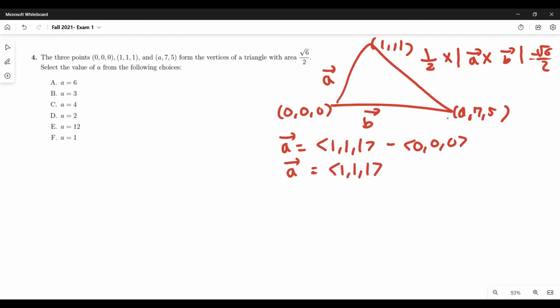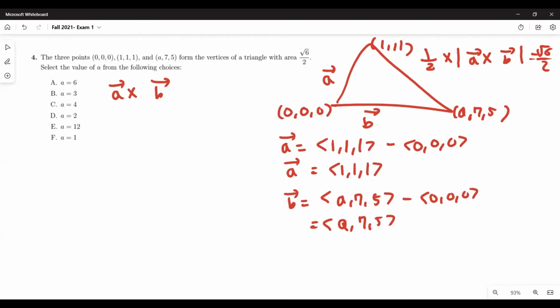And then we want to find vector b, which can be written as (a, 7, 5) minus (0, 0, 0), which is (a, 7, 5). Okay, so if you cross multiply the a and b vectors, i, j, k, 1, 1, 1, a, 7, 5.